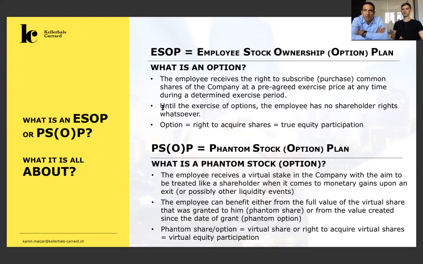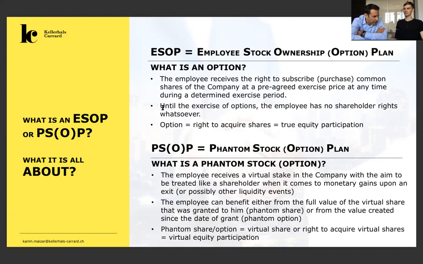However, ESOP is probably a word you have heard many times. Traditionally, it stood for employee share ownership plans or programs, and then somehow moved into employee stock option plans, which was more specifically speaking about a certain instrument rather than a general description. Whereas the PSOP is a rather recent invention, if you want, in the terminology.